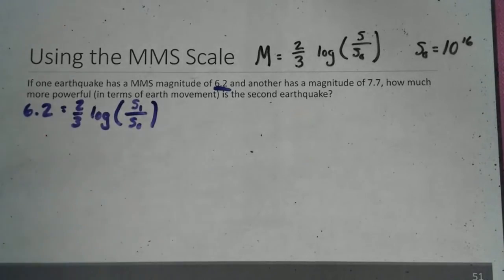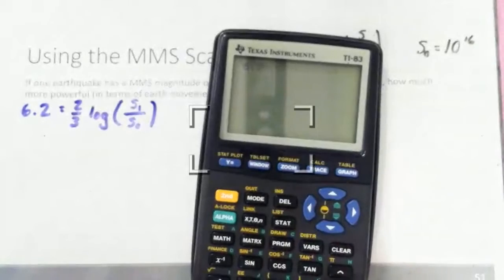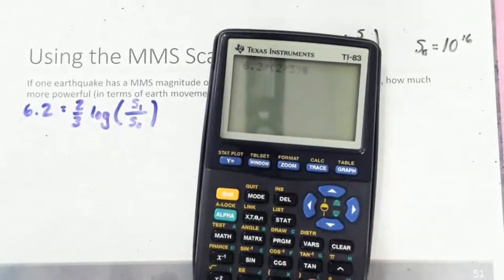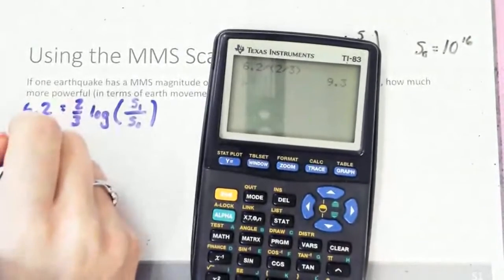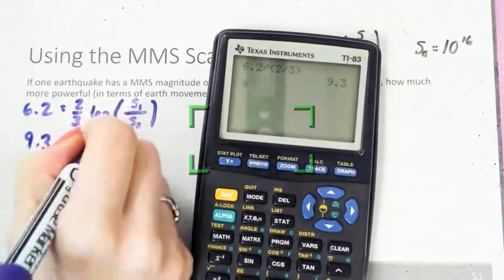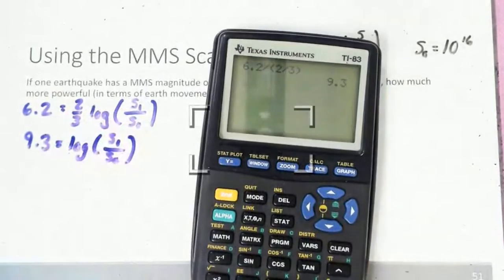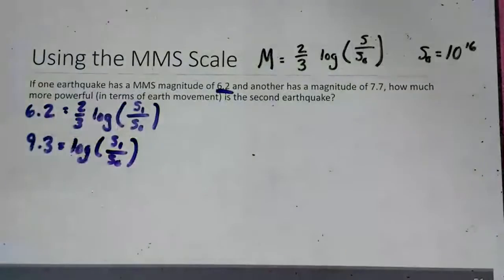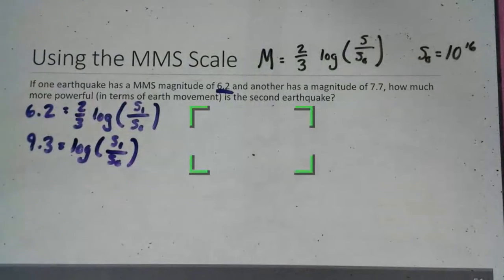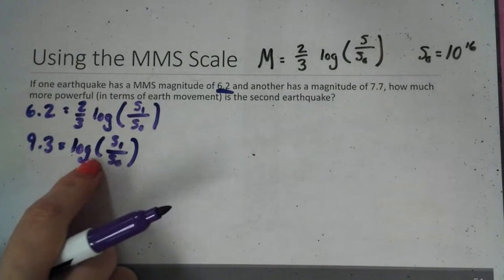If I divide both sides by 2/3, or equivalently multiply by 3/2, 6.2 divided by 2/3 is 9.3. That is equal to the log of S sub 1 over S sub 0. I need to now put this in exponential form because I'm trying to figure out what this S1 is. So this is log base 10.